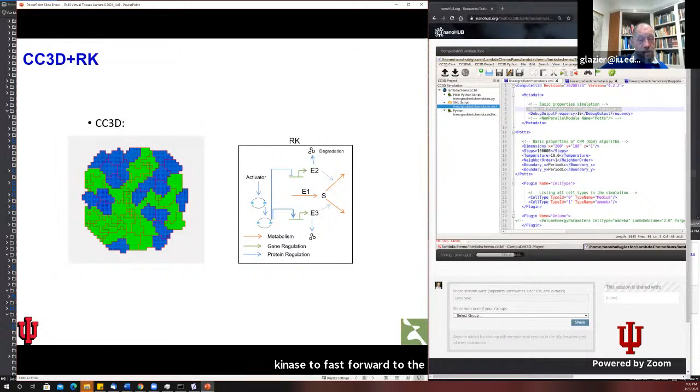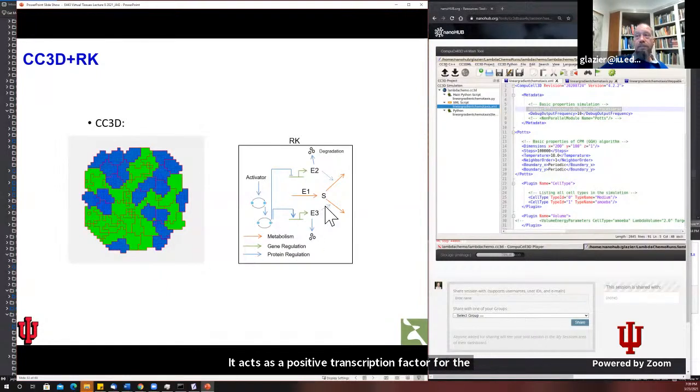That kinase phosphorylates another kinase to its phosphorylated state. That phosphorylated molecule acts as an inhibitory transcription factor for the production of protein E2. It acts as a positive transcription factor for the production of protein E3.